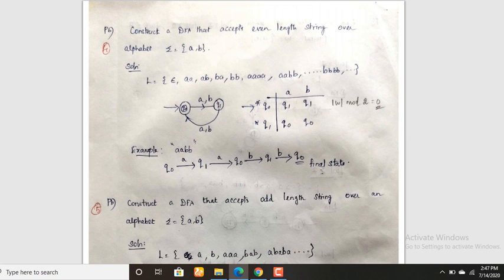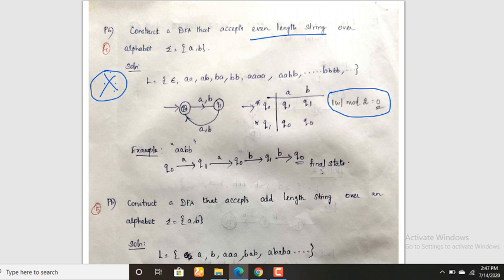Construct a DFA that accepts even length strings over an alphabet sigma equal to A comma B. This is an important problem. What do you mean by an even length string? We can also write it as length of string modulo 2 equal to 0.